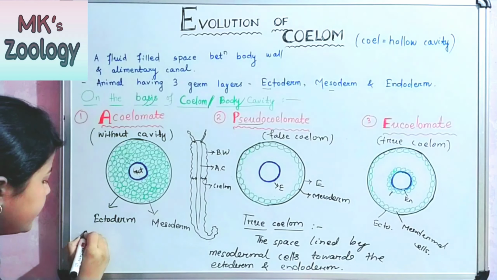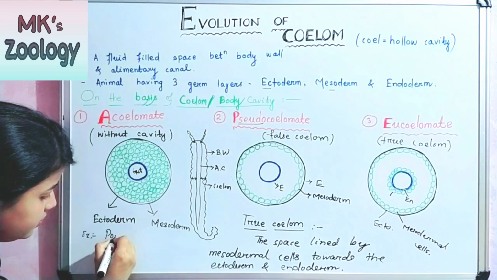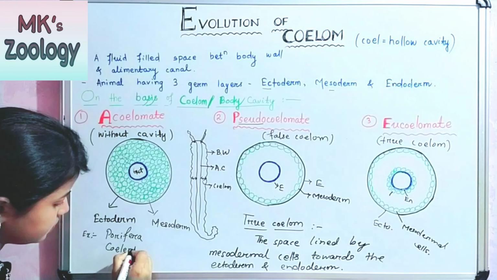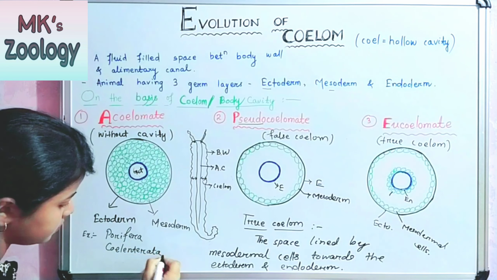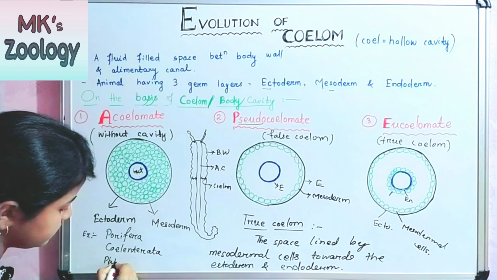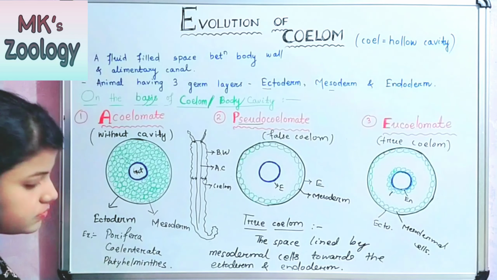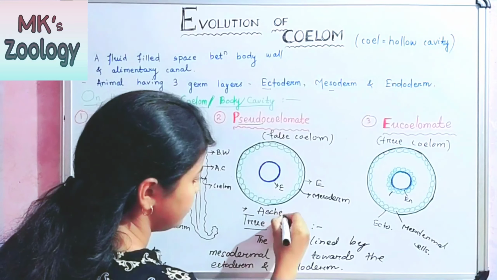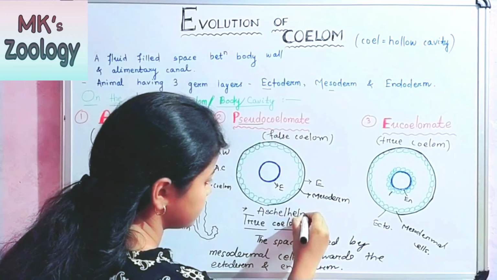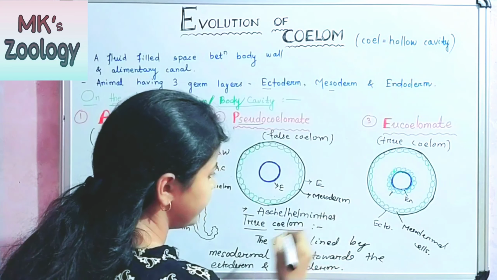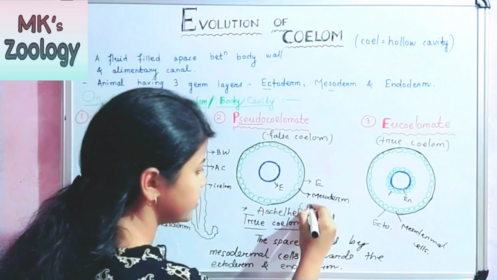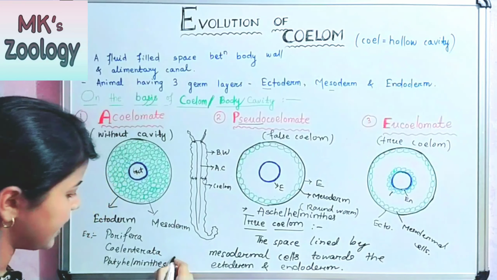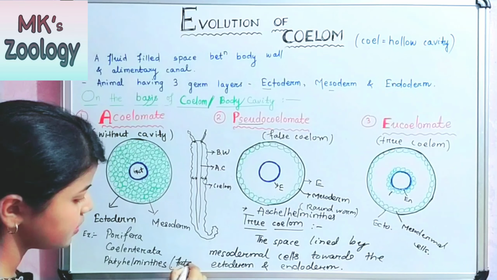Acoelomate. The acoelomate organisms are Porifera, Coelenterata, Platyhelminthes, and this Platyhelminthes animal is also called flatworm. The pseudocoelomate examples are Aschelminthes or Nemathelminthes, that is roundworm.